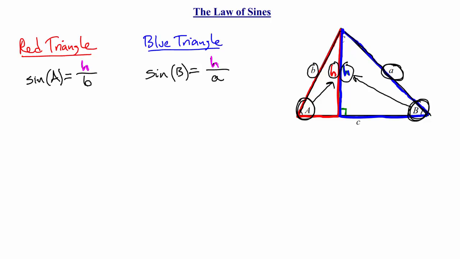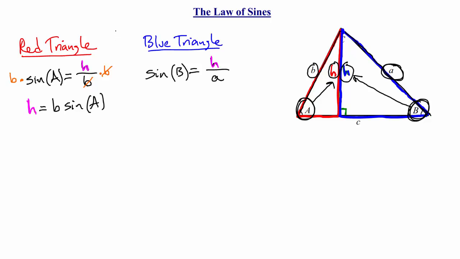And so what we can do here is solve for h. So if I were to multiply on the left equation both sides of the equation by b, I can cancel it on the left and isolate h. So h will equal b sine a.